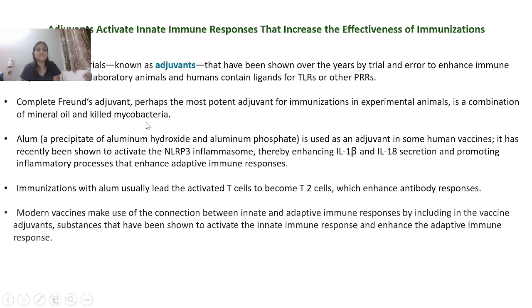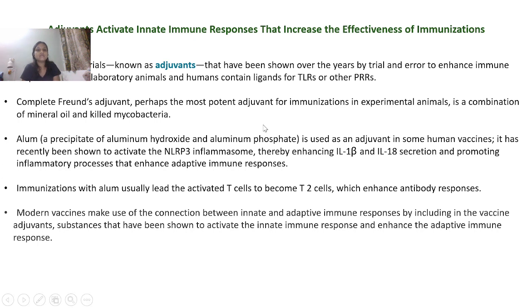So, suppose when you are getting vaccinated, it might happen that whenever you are giving a dead or an inactivated pathogen into your body, your immune system will throw that away. It will not accept it and it will try to remove it. So there will not be any activation of the immune system and there will be no proper vaccination.